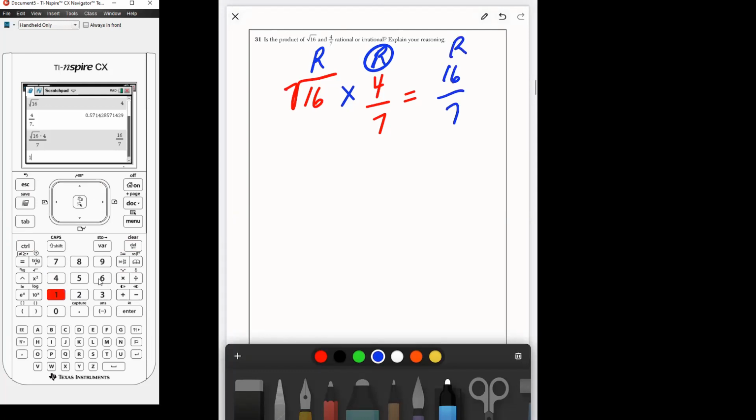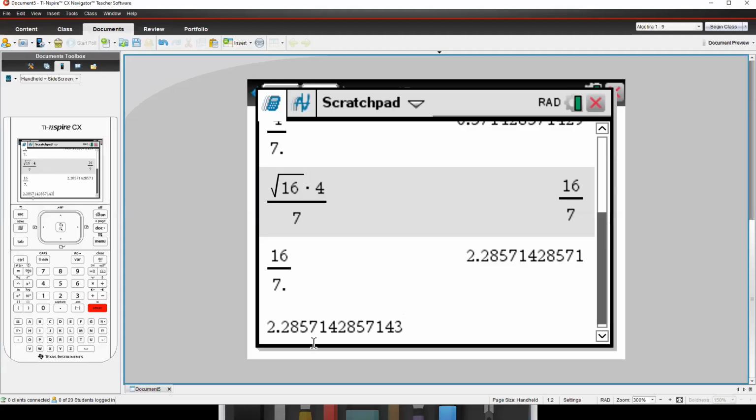If we make it into a decimal, it's the same thing, divided by 7 point, right? We get this. If we look at this closely, and I'm going to bring this up so you can see it, this has a repeating pattern. Again, if you look at this, it's 2, 8, 5, 7, 1, 4. Then it starts again, 2, 8, 5, 7, 1, 4.